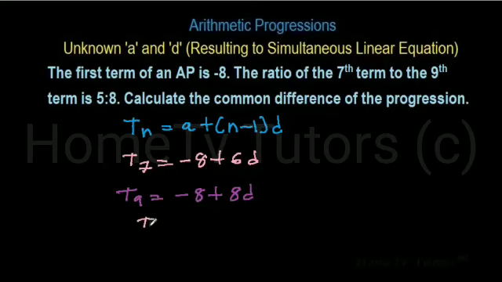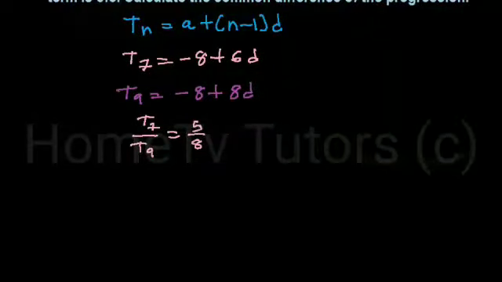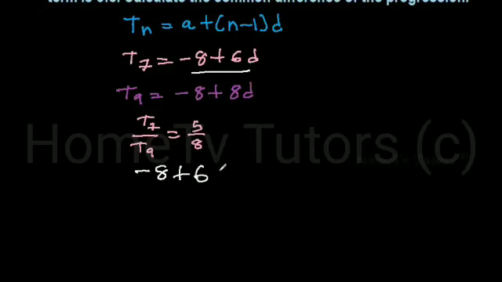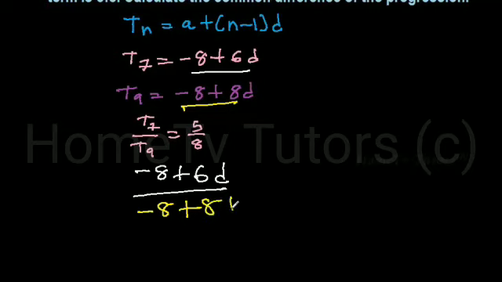That is, the ratio of the 7th term to the 9th term is equal to the ratio of 5 to 8. So now let us substitute for the 7th term: we have minus 8 plus 6D over, for the 9th term, minus 8 plus 8D, equal to 5 over 8. So we cross multiply.